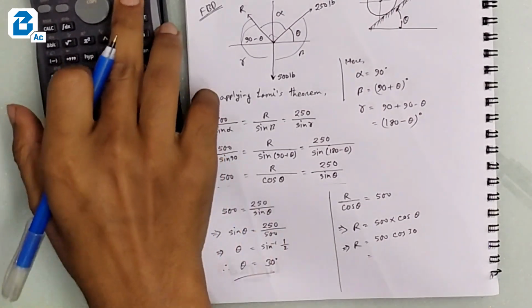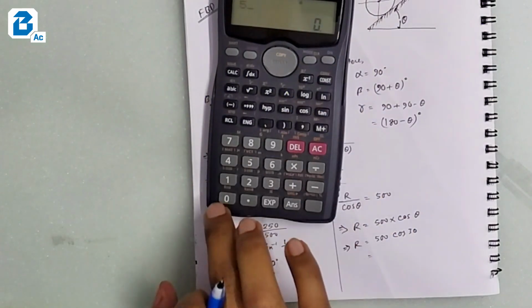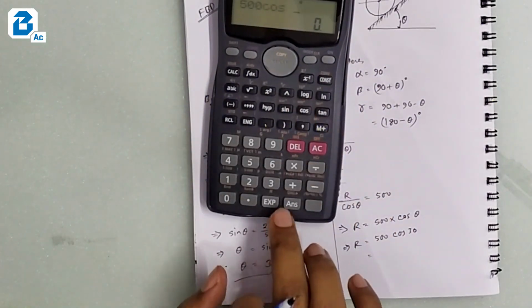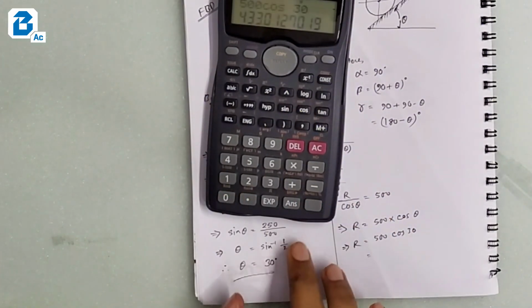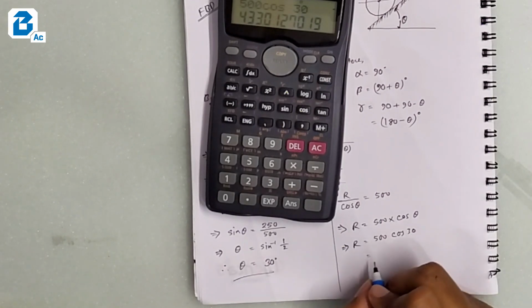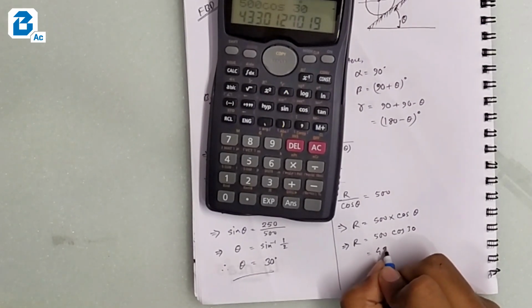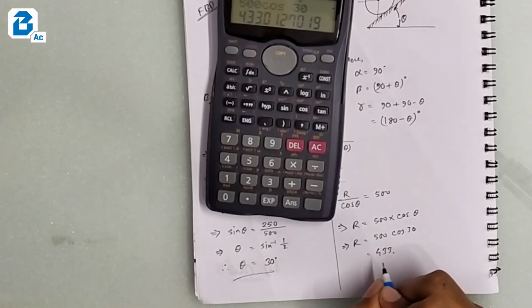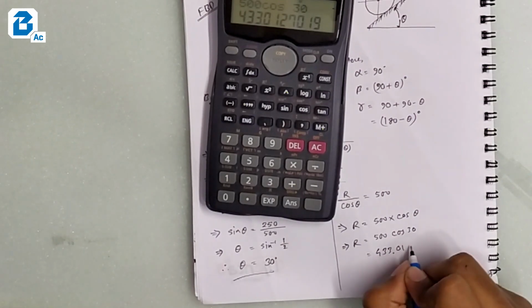So the value of R will be 500 cos 30. It would be 433.01 pound.